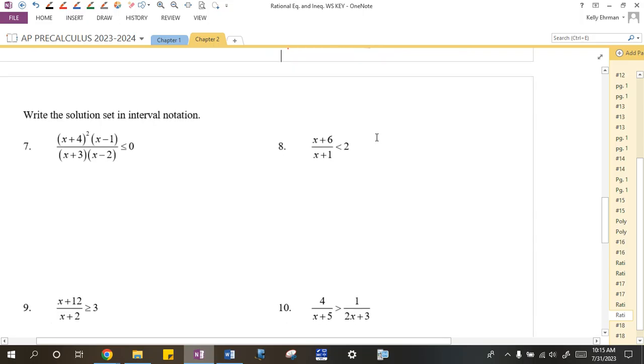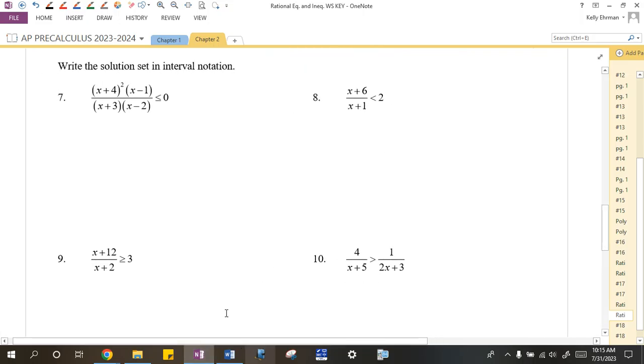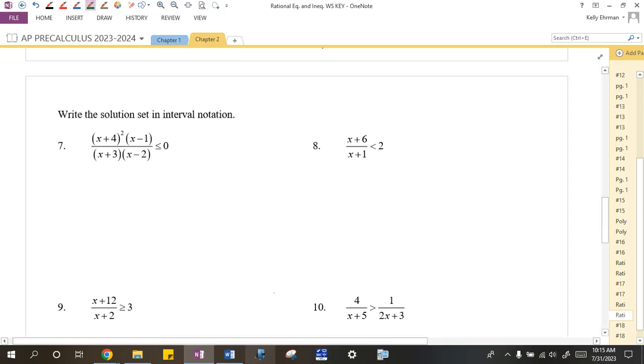Now, on the back of this worksheet, we're switching gears because these are inequalities. So remember, we wrote this at the top of the page. You need to keep the fraction, and you should have number lines for every single one of these problems. So the first thing I do is find the critical numbers. And I like to label which critical numbers are x-intercepts, which ones came from the top: -4 and 1.